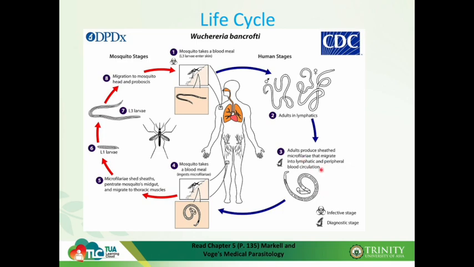These eggs now migrate into the circulation or the peripheral circulation. Every night, ayan, or 12 noon to 8 p.m., they would be found in the circulation. Paano naman kapag umaga, saan sila nagtatago? They hide in the blood vessels of the lungs. Again, when they are not in the circulation, you would find them in the vessels of your lungs.